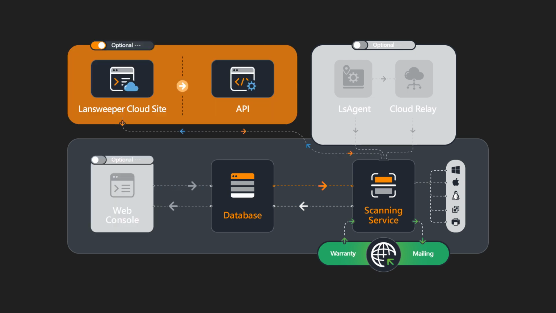Now, the second option that you have is a hybrid option, Lansweeper Hybrid, where you use Lansweeper Classic, but you connect it to a Lansweeper site, which is cloud hosted. That, in a way, gives you some of the additional functionality and features that Lansweeper site offers nowadays.